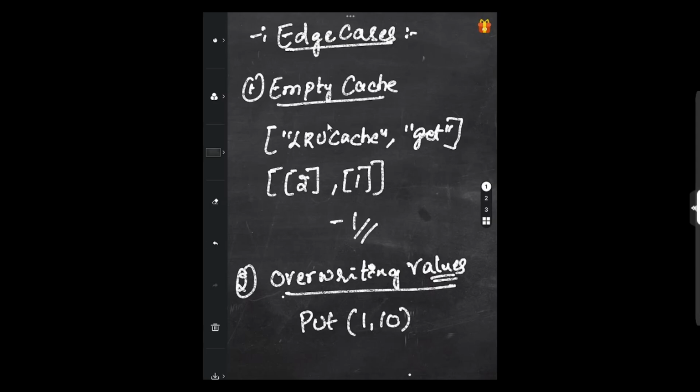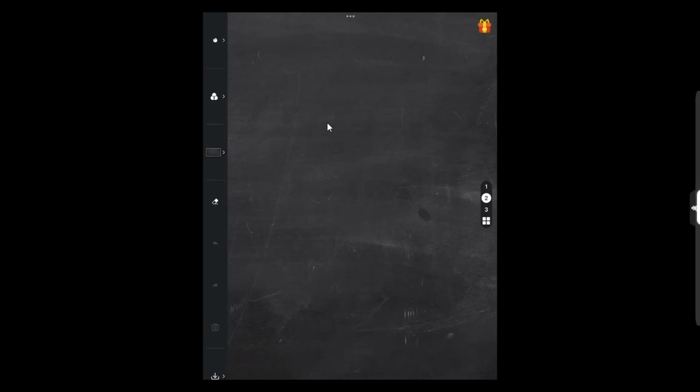Basically we are just updating 1 here, right? If put 1 comma 5 was done earlier, here it updates 1. So if you are not understanding this one, please just go through the example that I have explained step by step. You can visualize in the same way.